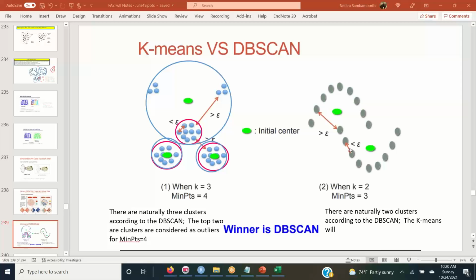So let's say this is 1 unit, the distance, and then something like 1.2 units or 1.5 units. This will be identified as 2 clusters by DBScan.